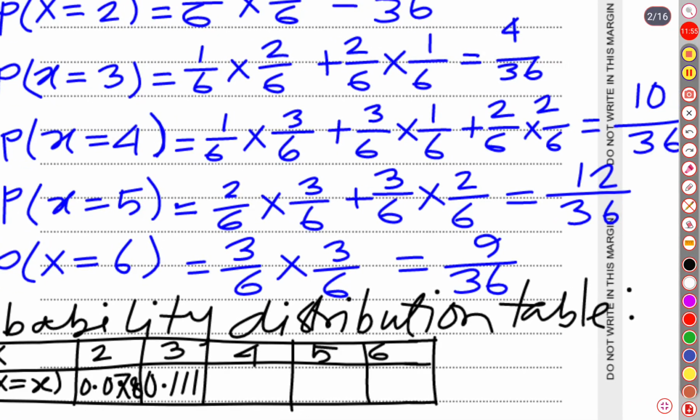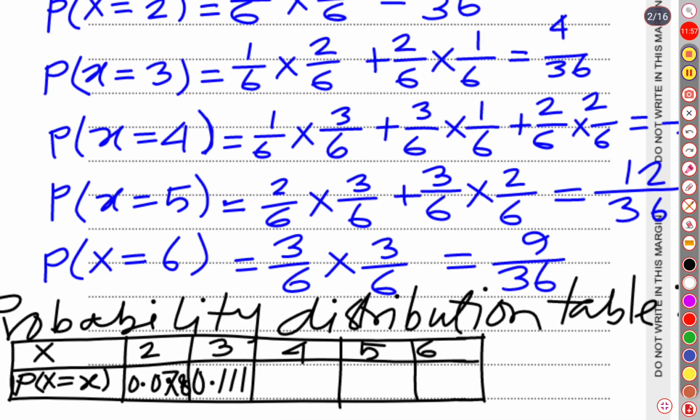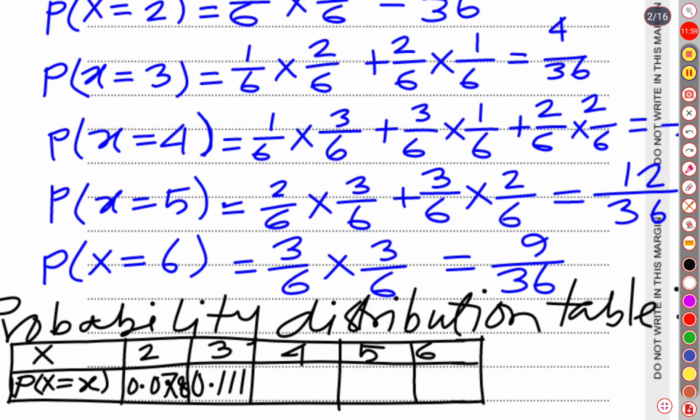If we divide 10 by 36, it is going to be 0.278.